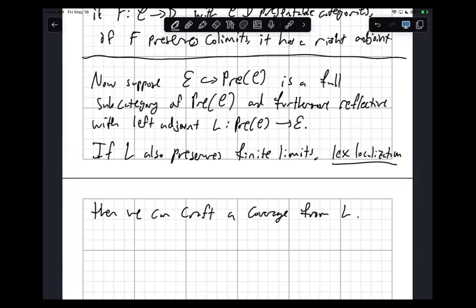I said before, maybe last time, if you have a coverage, you can define what it means to be a local epimorphism of pre-sheaves. You can also define a local isomorphism of pre-sheaves, okay? So anytime you have a coverage, you have a notion of a local isomorphism between pre-sheaves. A local isomorphism you can think of as something like a weak equivalence, something you want to mod out by, right? You want to localize that.